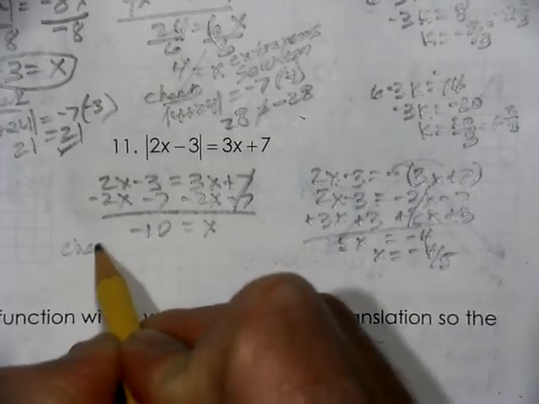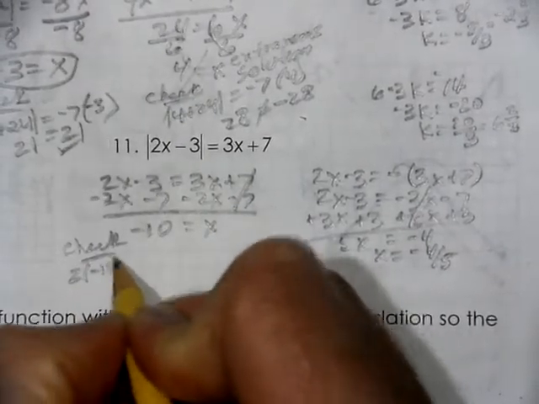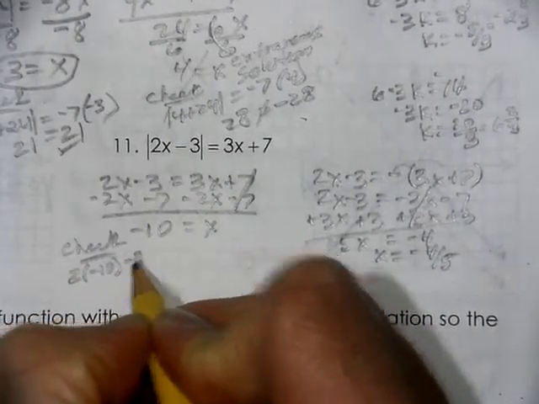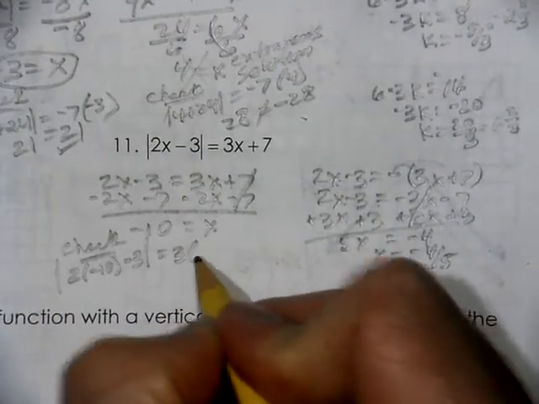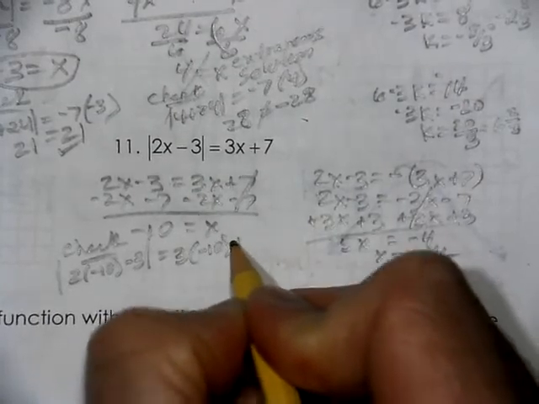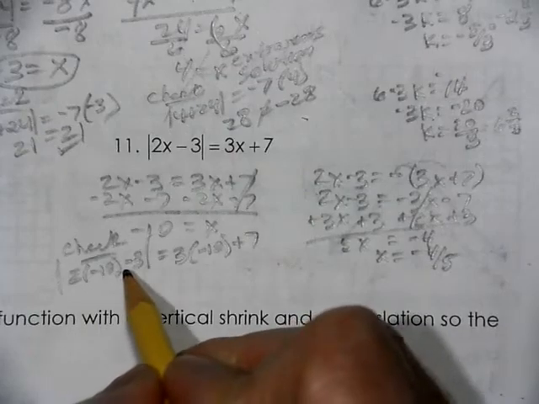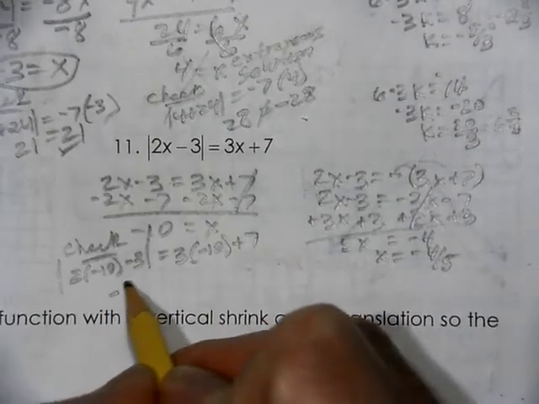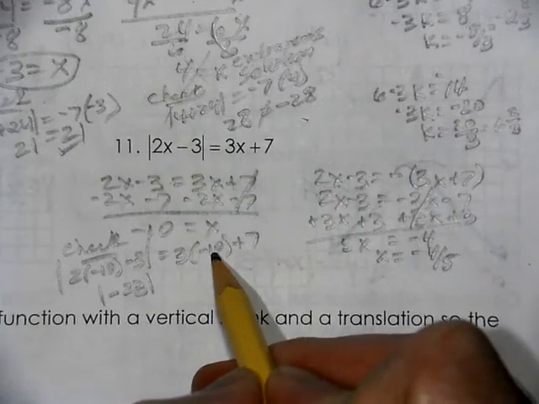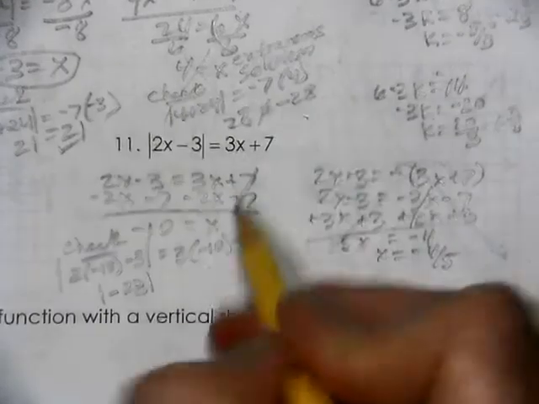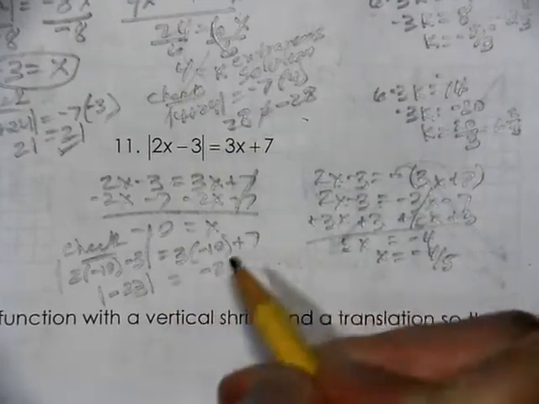So we're going to check with 2 times negative 10 minus 3, that's in absolute values, and 3 times negative 10, that's not in absolute values. Negative 20 minus 3 is negative 23, that's in absolute values, negative 30 plus 7 makes negative 23, so that's looking pretty good.